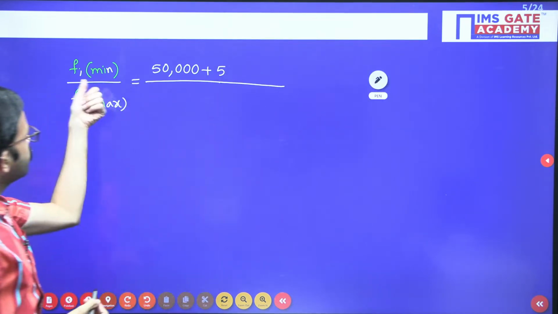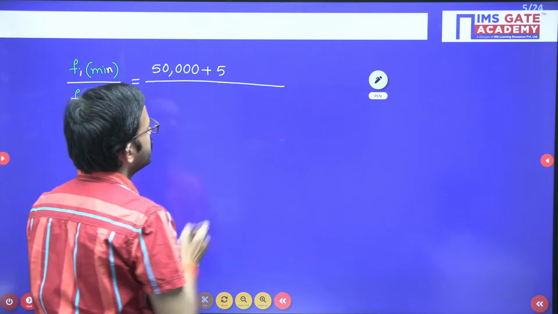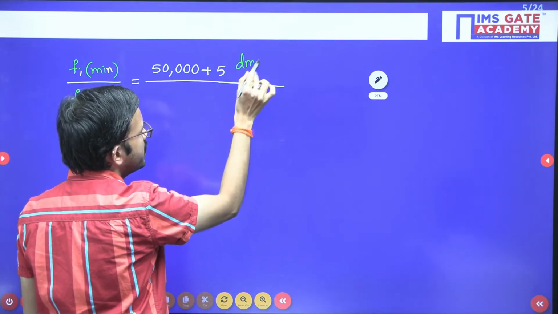Whereas here we want the minimum, so I am considering dm of t by dt minimum.